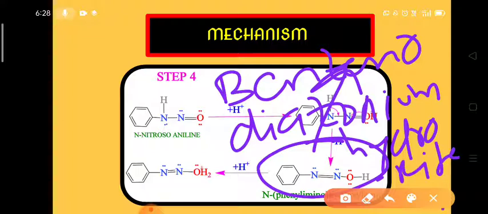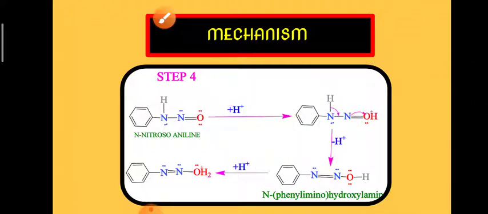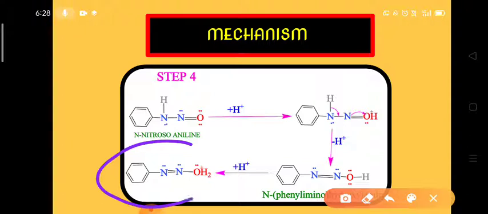Then after this, benzene diazonium hydroxide undergoes protonation again and we get a conjugate acid of that one.